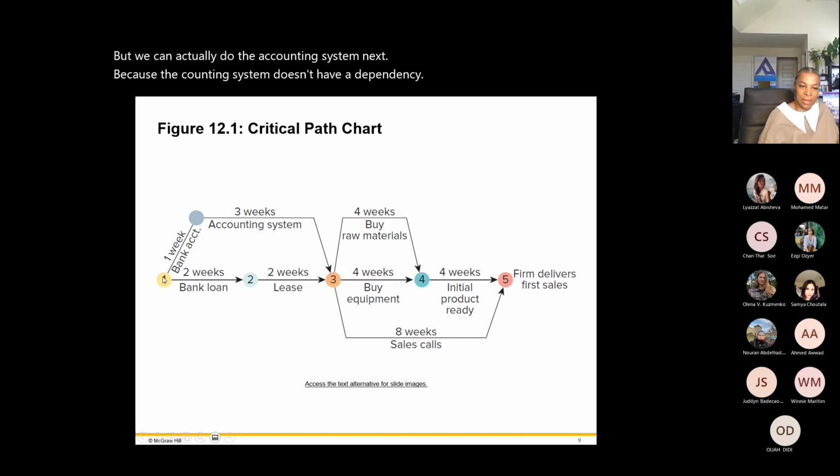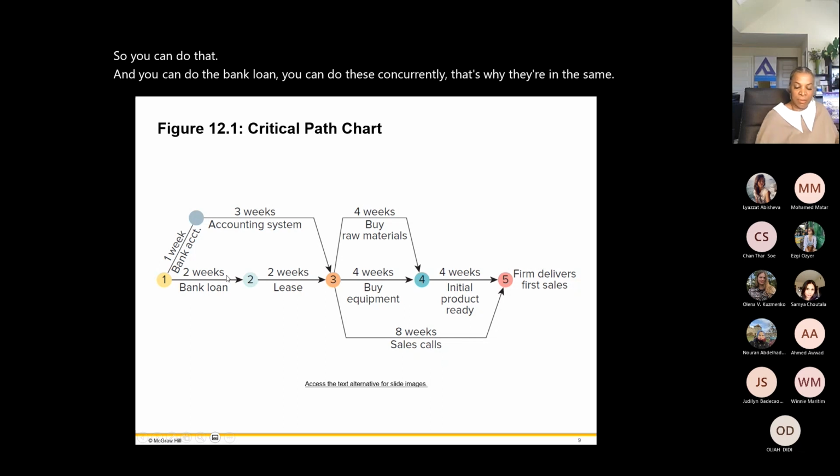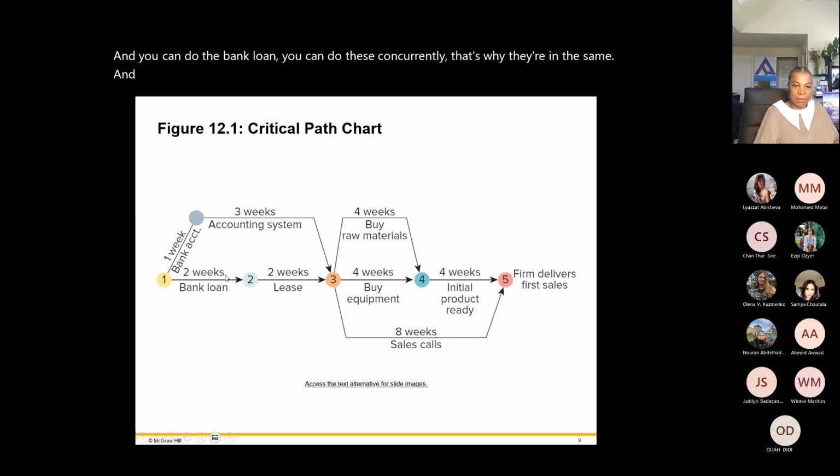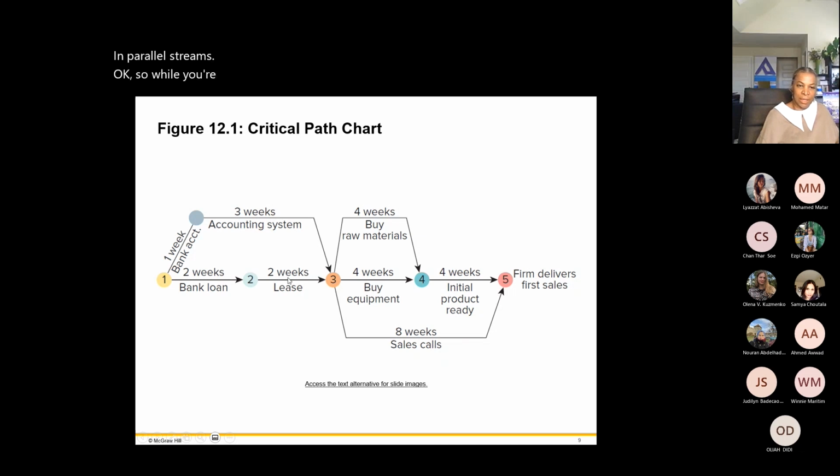So you can do that and you can do the bank loan. You can do these concurrently. That's why they're in parallel streams. Okay. So while you're getting the bank loan and the lease, you can establish your accounting system.